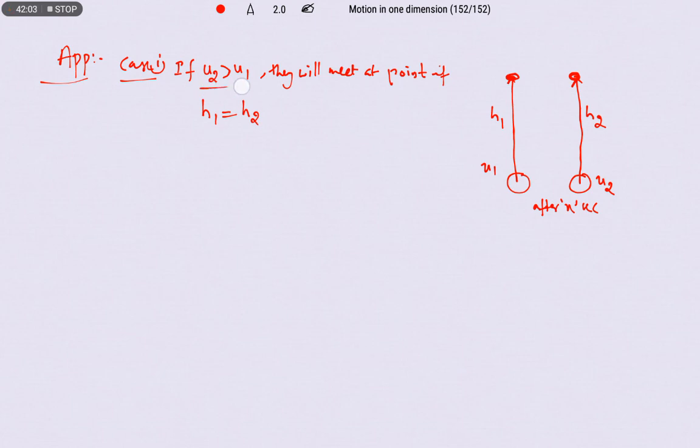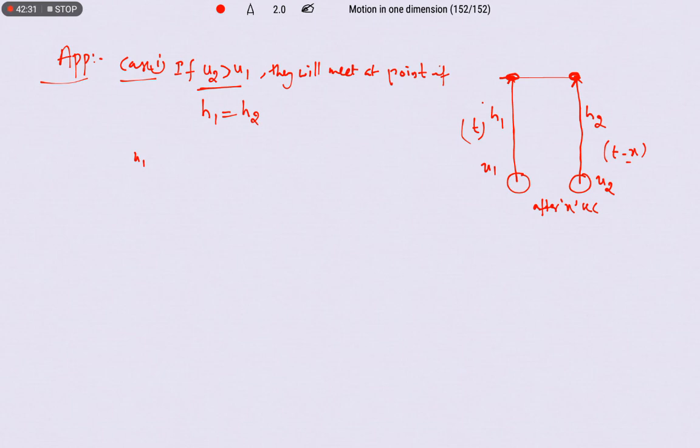Only if this condition is satisfied. If u2 is less than u1, this condition will never be satisfied. Okay, right. For the first object, suppose the time taken by the particle to cover the height h1 is t seconds, then what will be the time for the second? Because it is thrown x seconds later, to reach the same point it will take the time of t minus x.